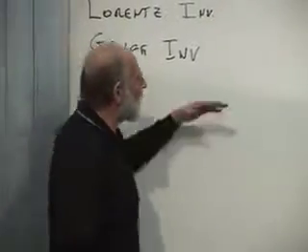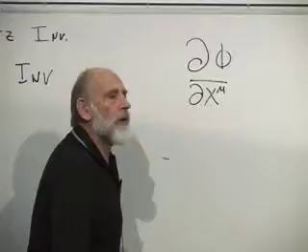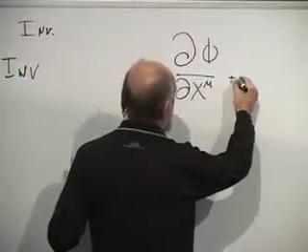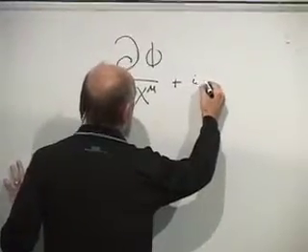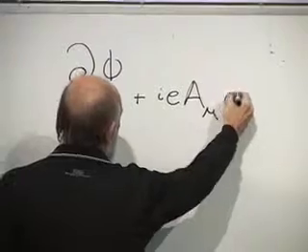Right. We had to change from the ordinary derivative to what is called the covariant derivative. We had to add to this plus i e, the vector potential times phi.